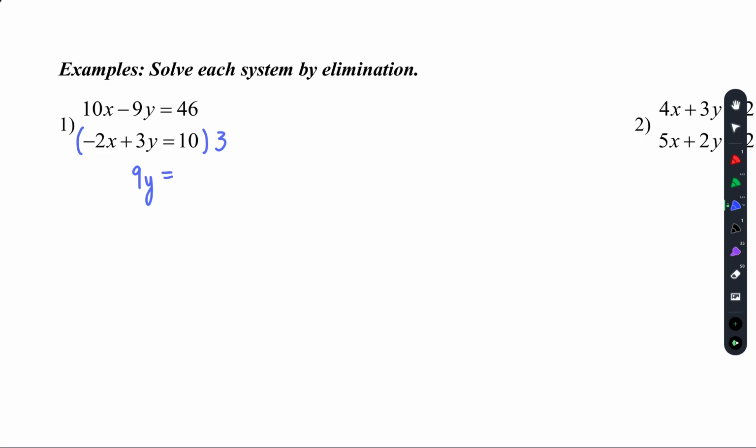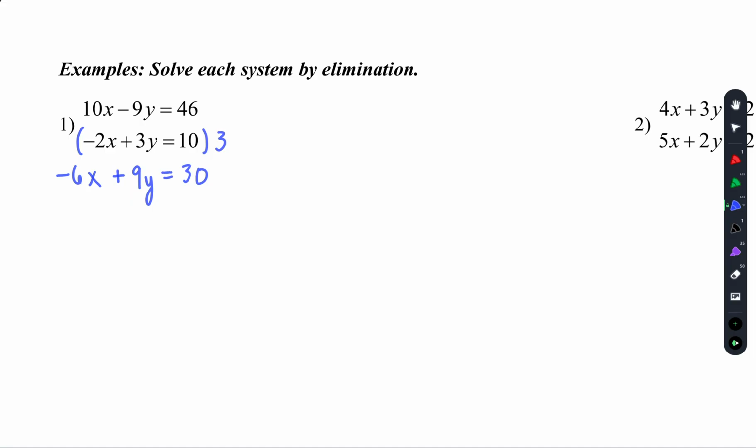Okay, now you can't just multiply the 1 by 3. You got to be legit and legal here and multiply all the things by 3. So this is going to be 30. And then this is going to be negative 6x. Okay, so you know how in substitution you rearrange the equation? This one, you're just scaling it.